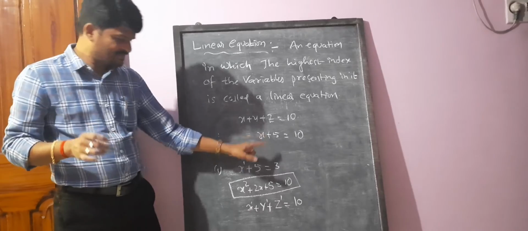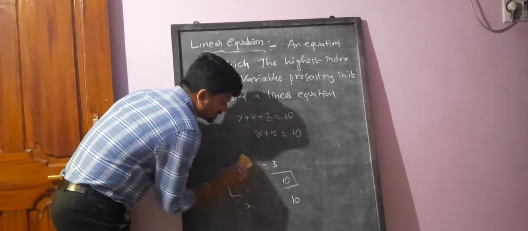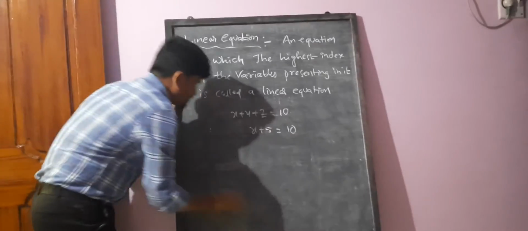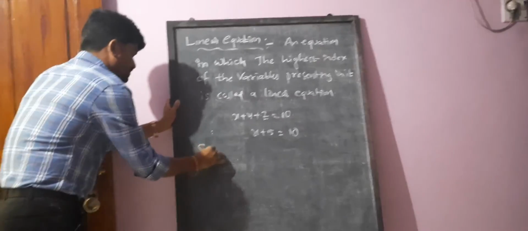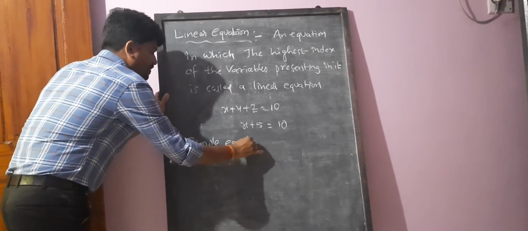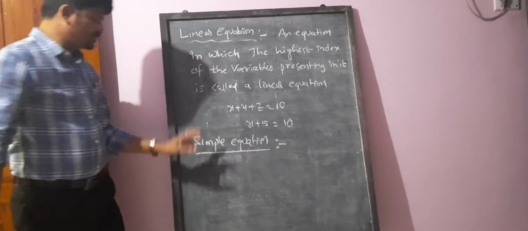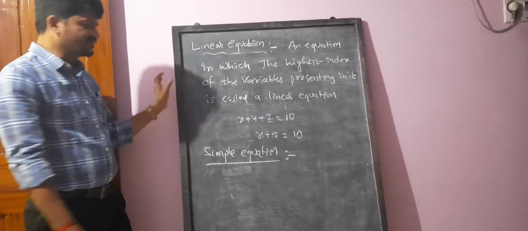Is it clear, children? Shall I repeat once again? What is a simple equation?